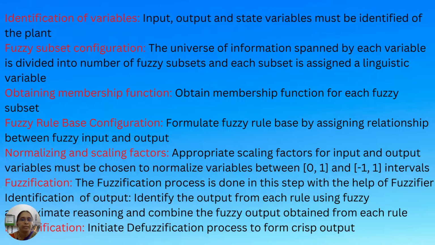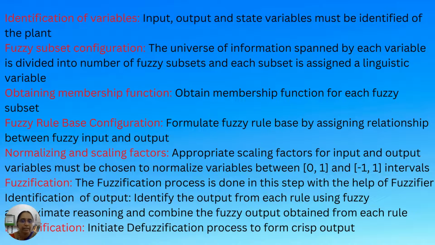Identification of variables. Input, output, and state variables must be identified of the plant. Next one, fuzzy subset configuration. So here the fuzzification process is going on. Then the next one is obtaining membership function, that is, obtain the membership function for each fuzzy subset. Then fuzzy rule-based configuration.